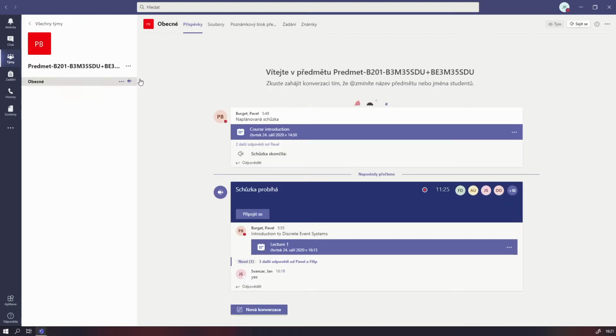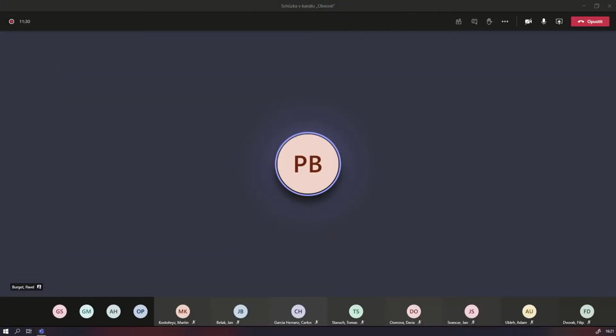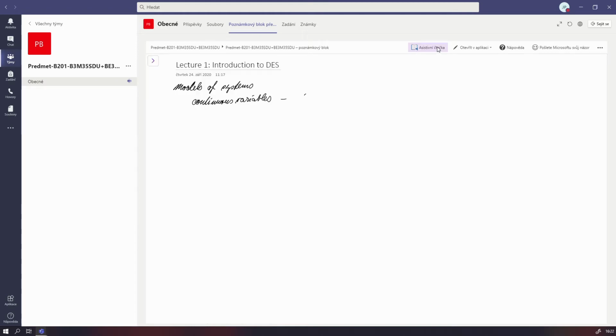So we have the models of systems, and what we are used to is that we have continuous variables which change their values as time evolves.